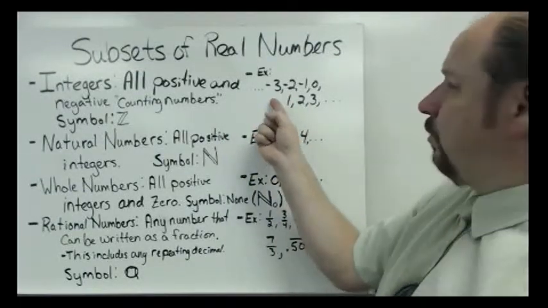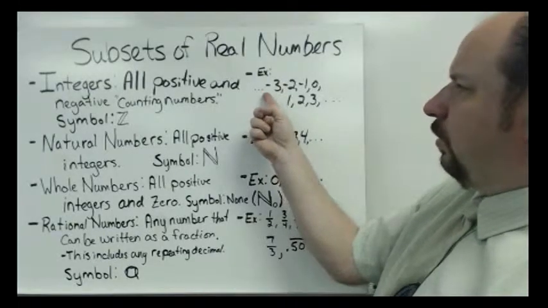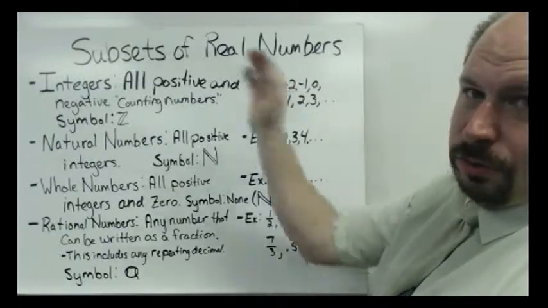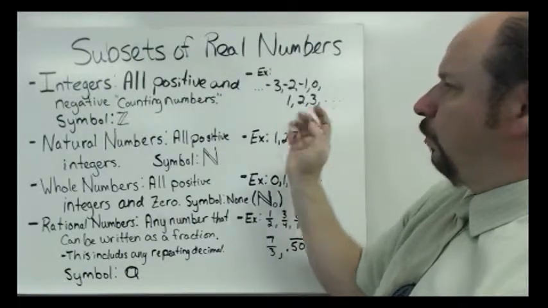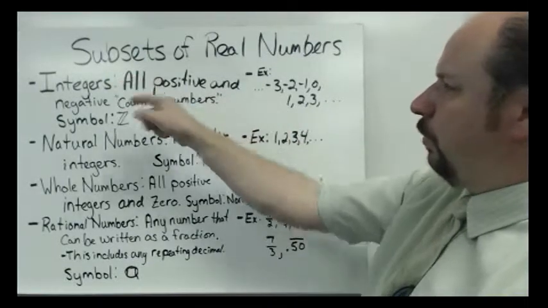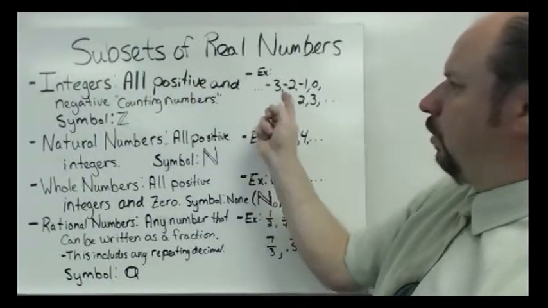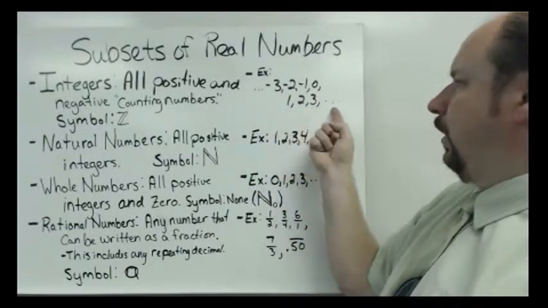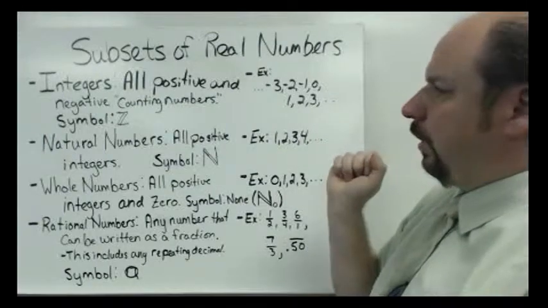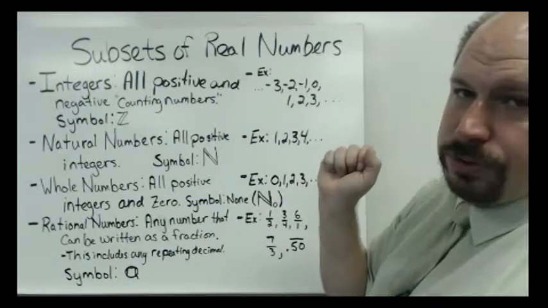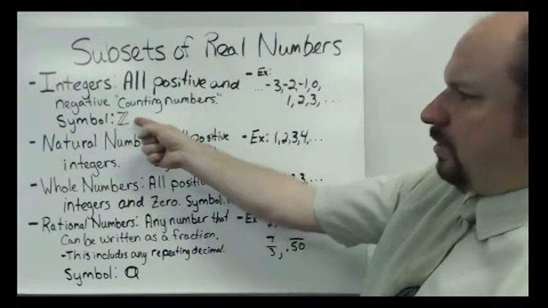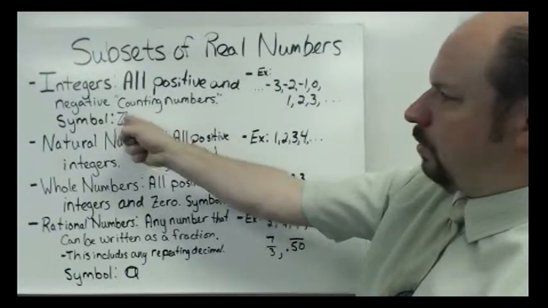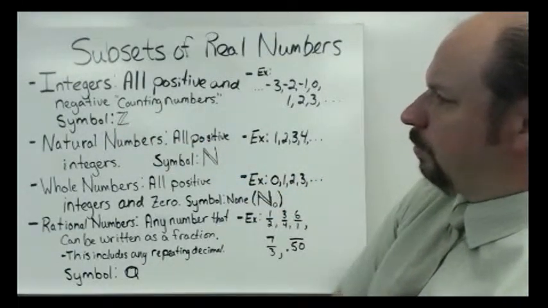You can't really tell that I have listed them all, but this little dot dot dot means that it goes on with this same pattern forever and ever. So I'm really going all the way out to negative infinity here, to -3, -2, -1, 0, 1, 2, 3, and then so on to infinity again. The integers do have a special symbol.